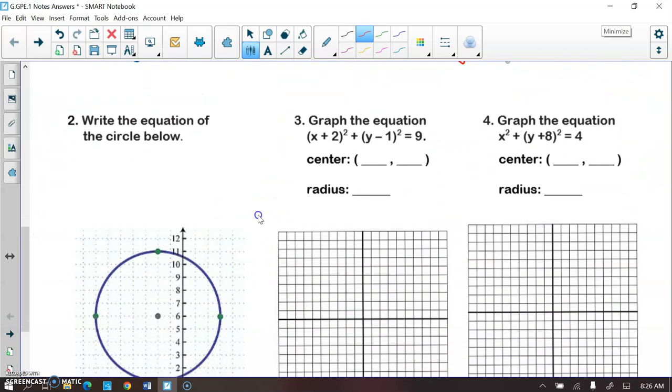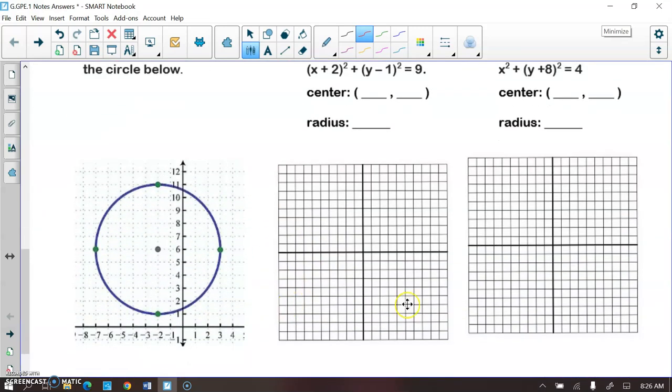So for number 2, we're going to write the equation of the circle that's below. So we need to identify our center. Our center of our circle is at negative 2, 6. So that's our (h, k) value. To find our radius, we are just going to count from the center of our circle to one of the points that's on our circle. So I'm going to count horizontally.